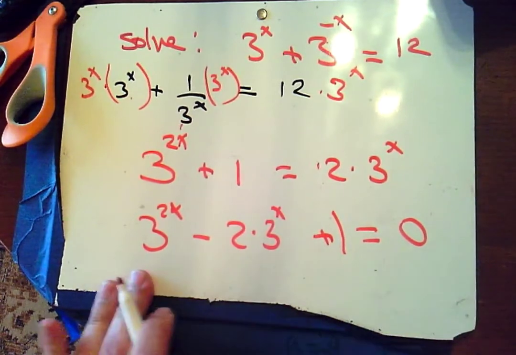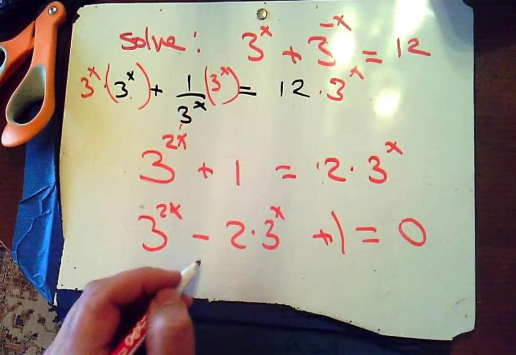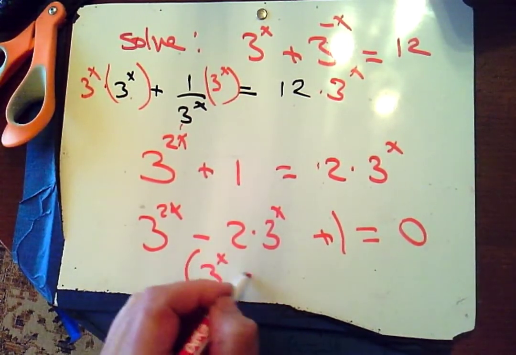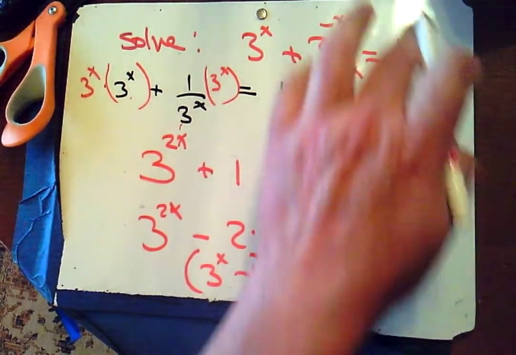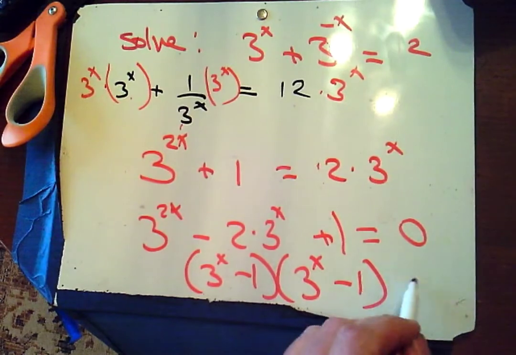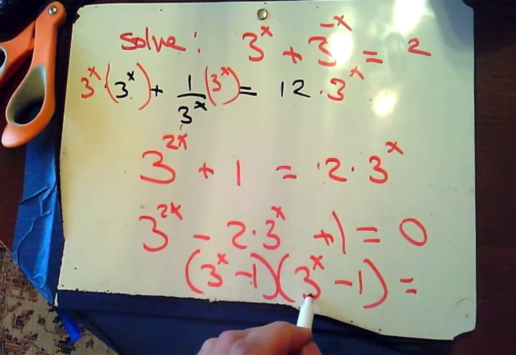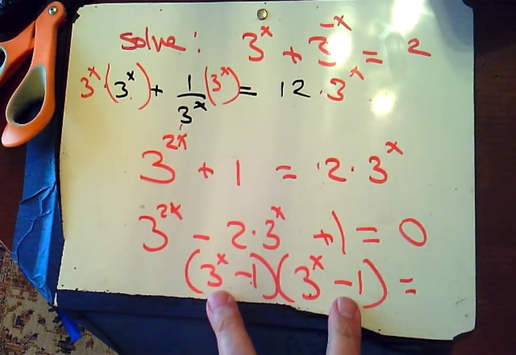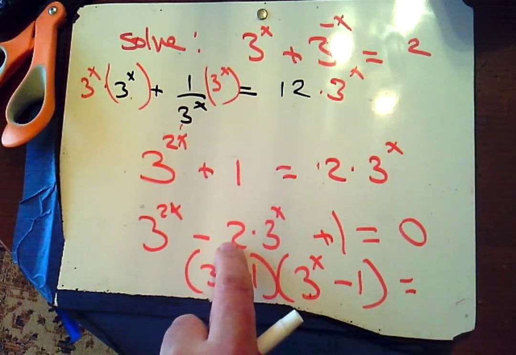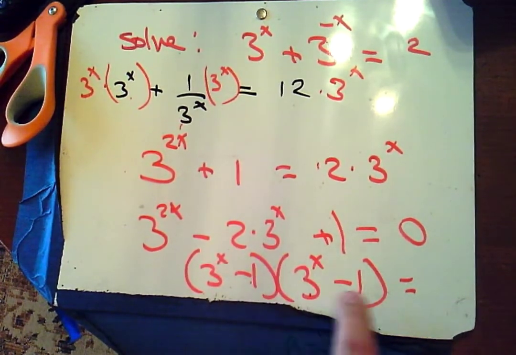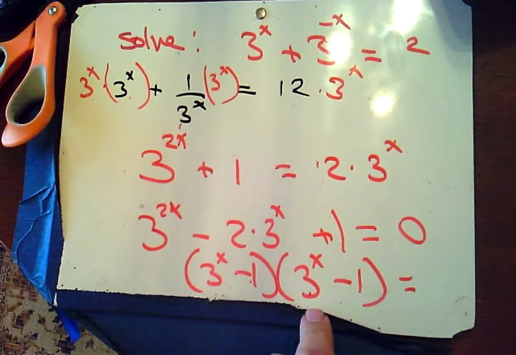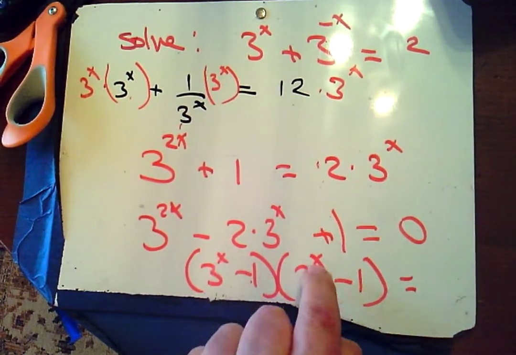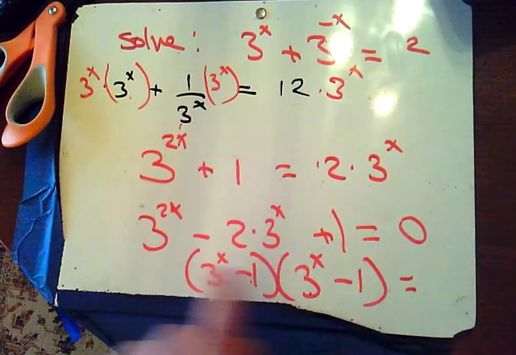Now, this factors, I believe. 3 to the x minus 1, 3 to the x minus 1. And, right, because that's going to be minus 3 to the x, minus 3 to the x, so that's minus 2, 3 to the x's. And we've got negative 1 times negative 1 is positive 1. And 3 to the x times 3 to the x, I would add those exponents. 1x plus 1x is 2x. So this is what I've got.